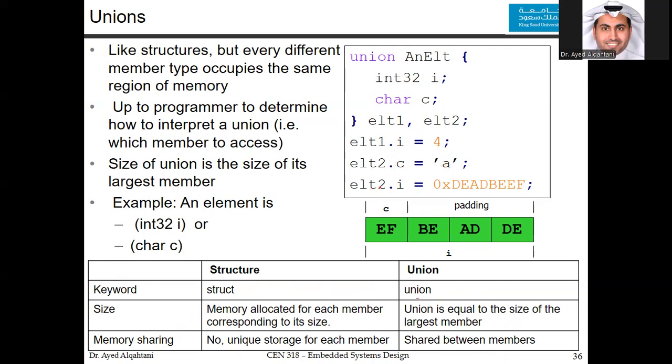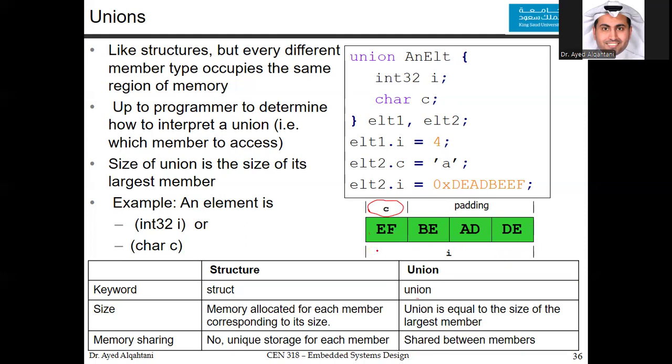Now, at the end, you say that this value, or dot I, is equal to this value, meaning that it will overwrite what you have for the C. So you have DE here, followed by DA, followed by EB, followed by F and D. To understand this, the C would be here only for 2 hexadecimal digits or 1 byte, and the I accommodates the whole space.